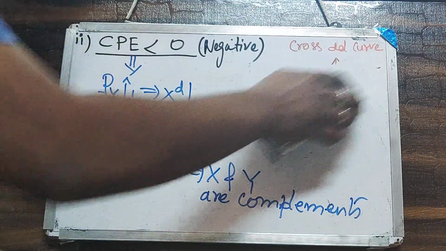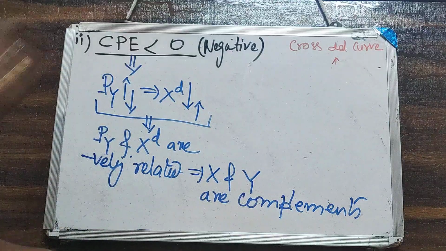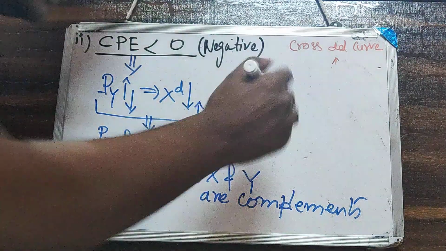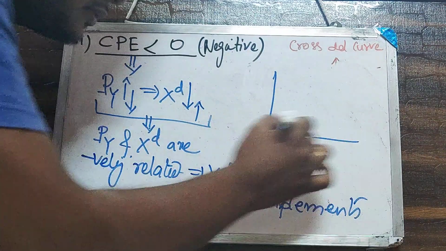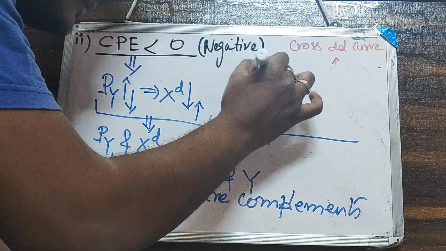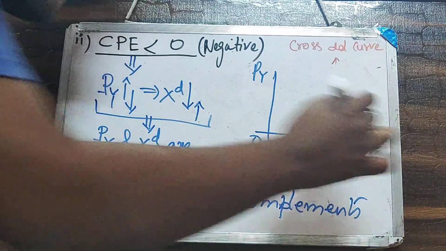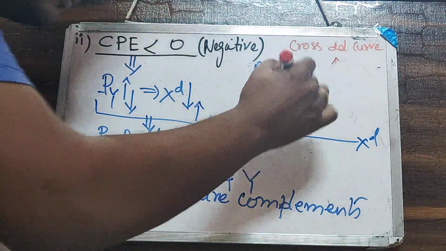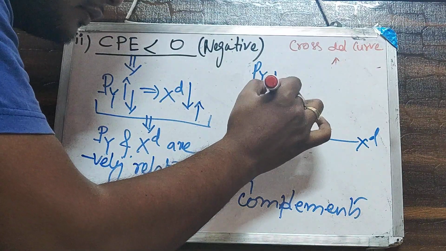Now, since these two are inversely related, the demand curve will also be downward sloping.